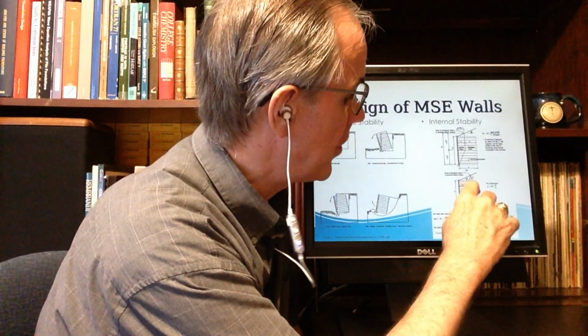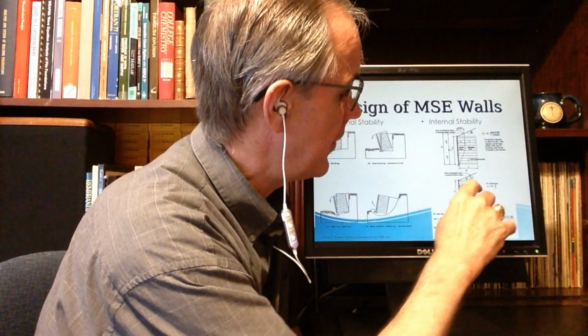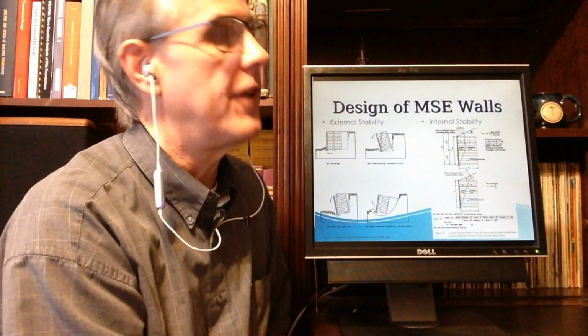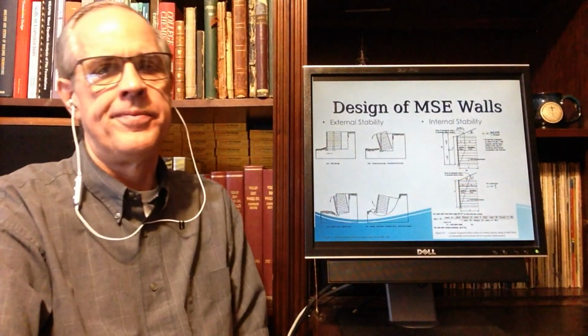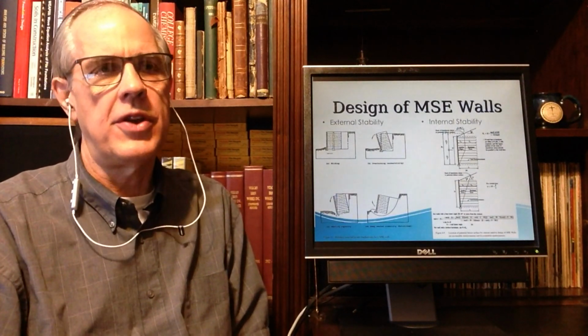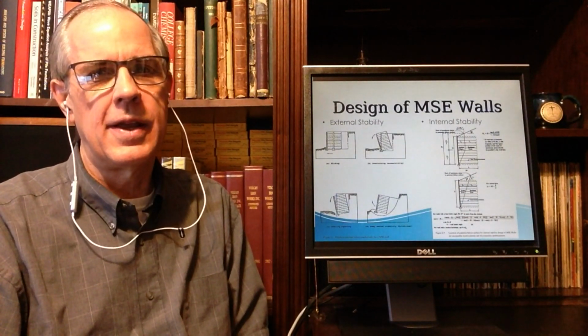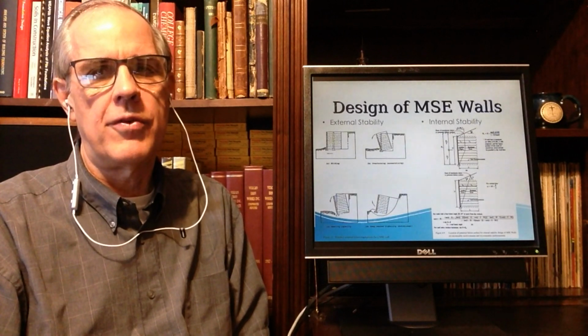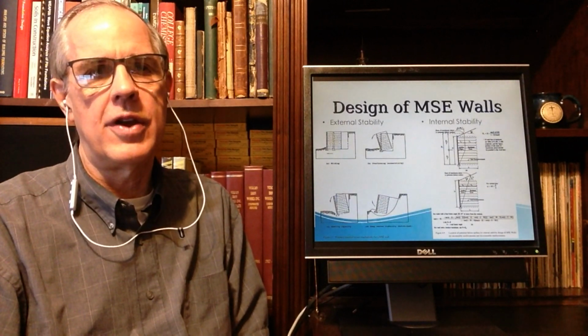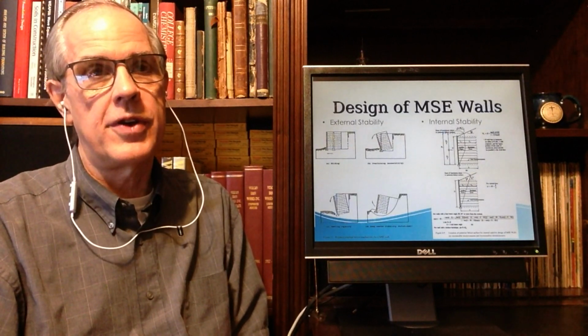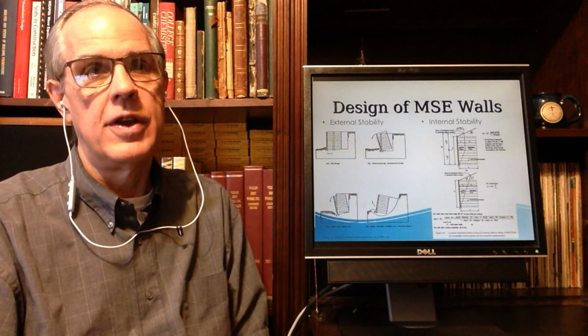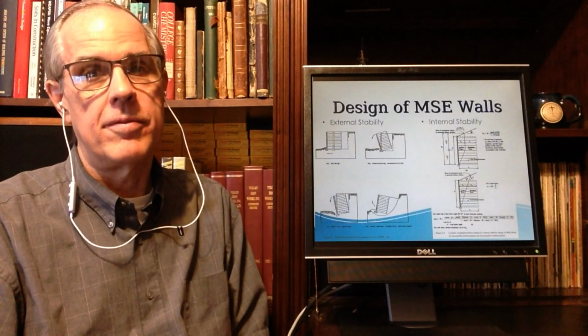If I have a strip along here, it is subject to whatever effective stress is acting on it from the top. And the nice thing about MSE walls is, generally speaking, you don't have water issues, you don't have non-uniform soil issues. So computing the effective stress at any elevation is pretty straightforward.